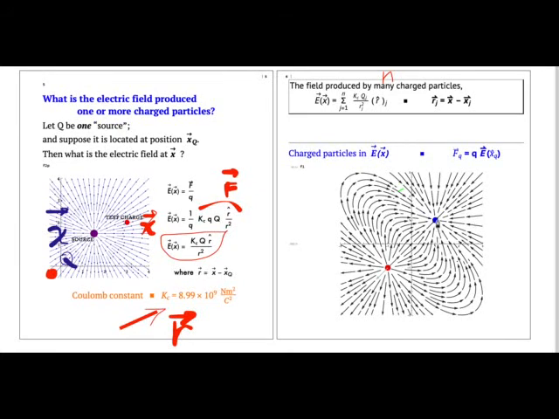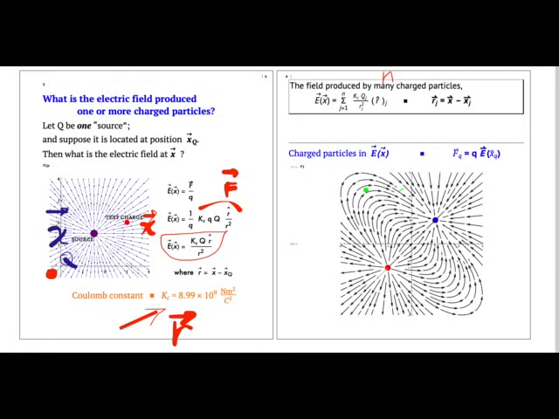So we have these two particles that create an electric field. Now suppose I put another charged particle, like here. What's the effect on this charged particle? Well, it experiences a force tangent to the field lines. Let's put it up here.